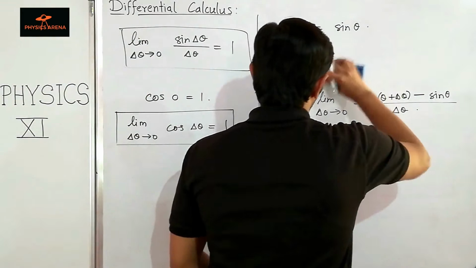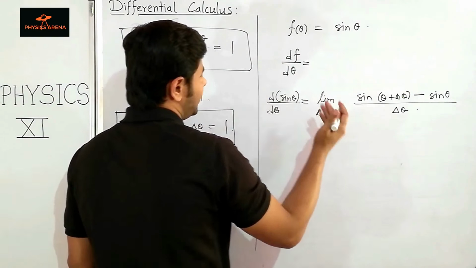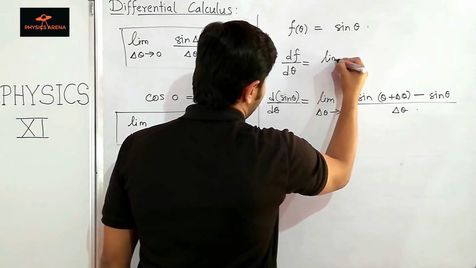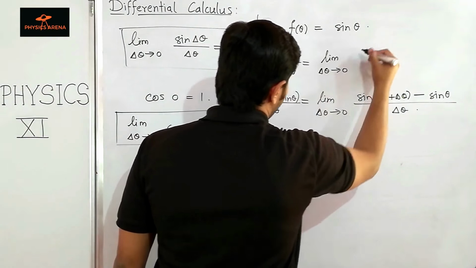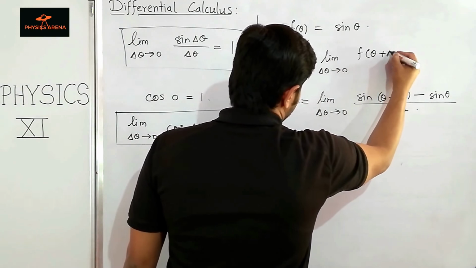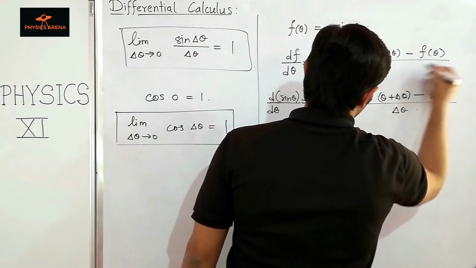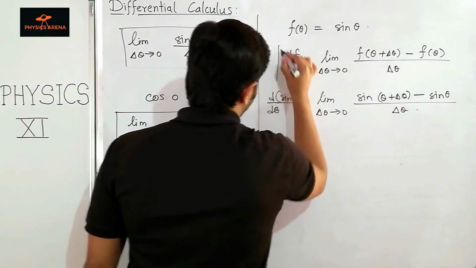Okay, if you are not convinced, let me just write the definition here. So our f is sine theta. So the definition is limit delta theta tends to 0, f of theta plus delta theta minus f of theta, divided by delta theta.